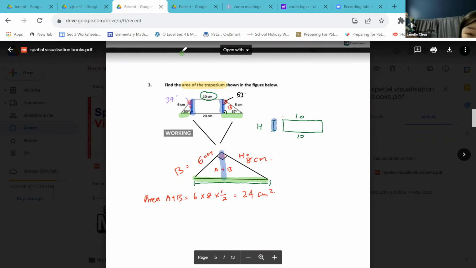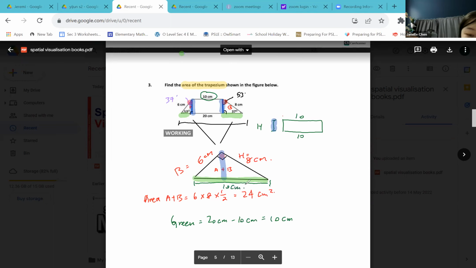And if you notice, the bottom one, they gave us the whole part here. From here to here is equal to 20, correct? So with that said, my green part, which will be my new base, is actually equal to 20 cm minus away 10 cm on top. So this is equal to 10 cm.